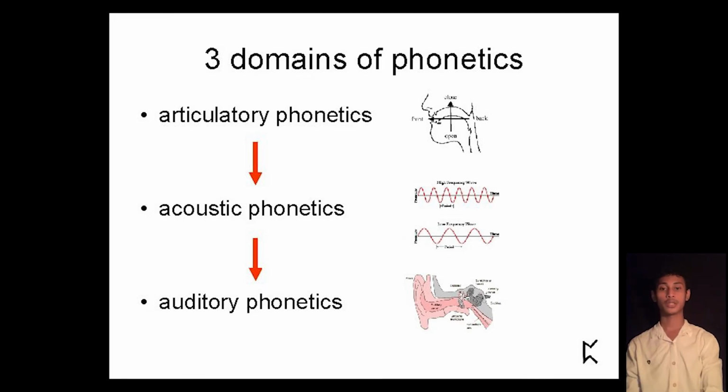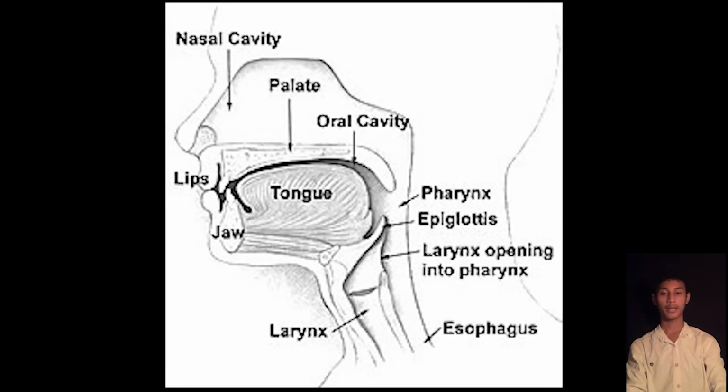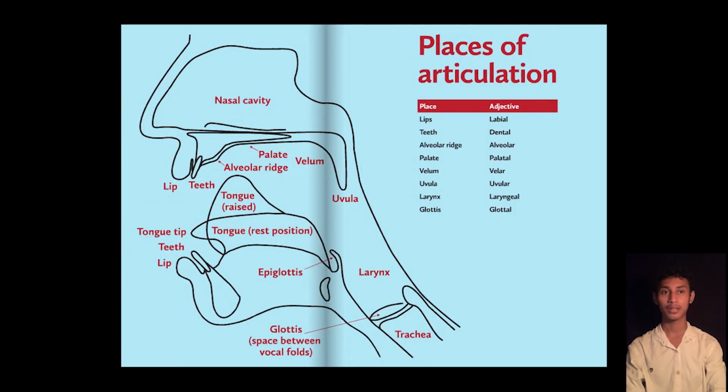Before we see how the sound is produced, let us see the picture. Here I have a picture that can explain the place of articulation. The first is lips, and the adjective is labial.